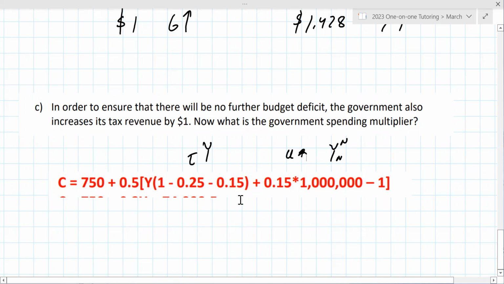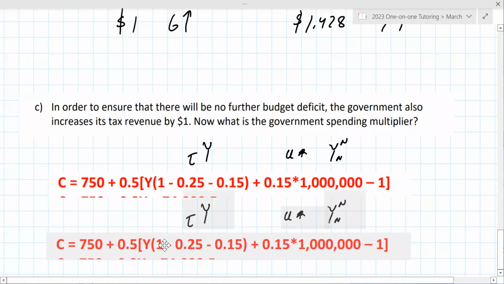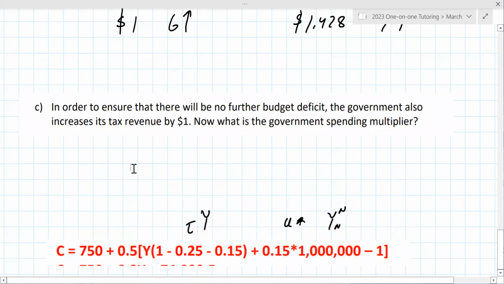Where does that 1 come from? We did this, it was 750 plus 0.5 times Y minus, oh, there it is. Okay, I'm sorry.